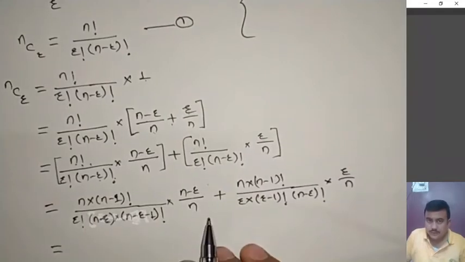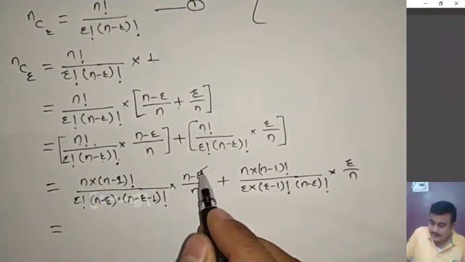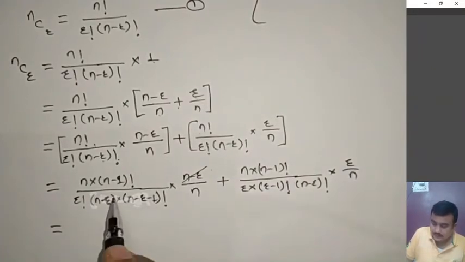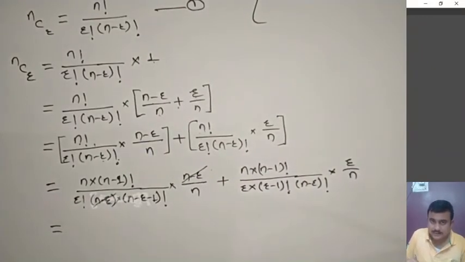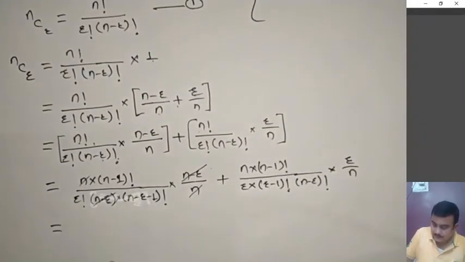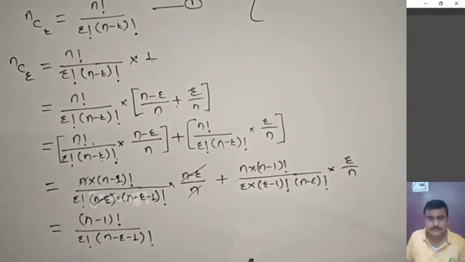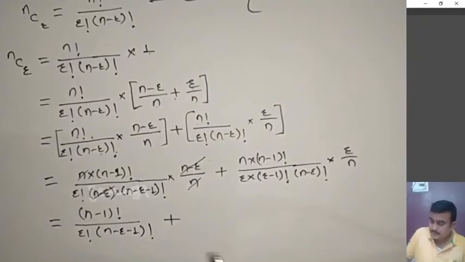So when we solve this, we get this n minus r cancelled with this n minus r, and this n is cancelled with this n. So we get in the numerator n minus 1 factorial divided by r factorial in bracket n minus r minus 1 factorial, plus.